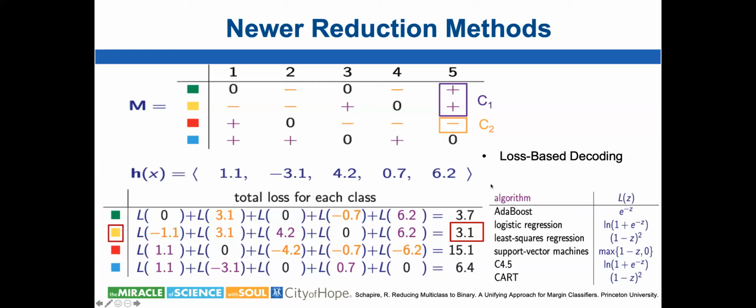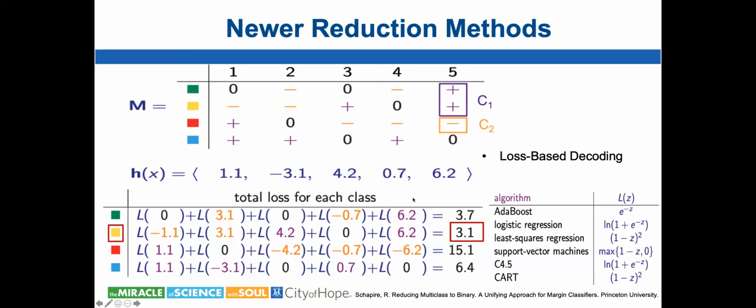We can also do this with C4.5, which uses a decision tree for classification. You can also do this for logistic regression and AdaBoost, and these are some examples of the loss functions for least squares regression and CART.